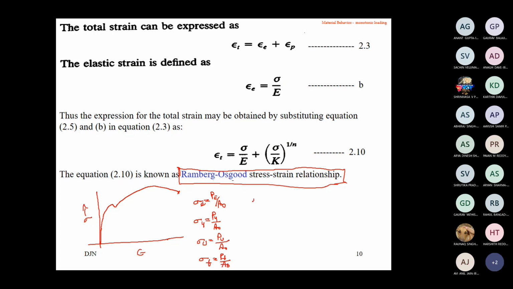When we talk about the true fracture strength, you consider the load at fracture divided by the instantaneous or final cross sectional area. Any other stress, sigma YT, the true yield strength, is Py divided by the cross sectional area, which I write as AI to indicate instantaneous at that point.